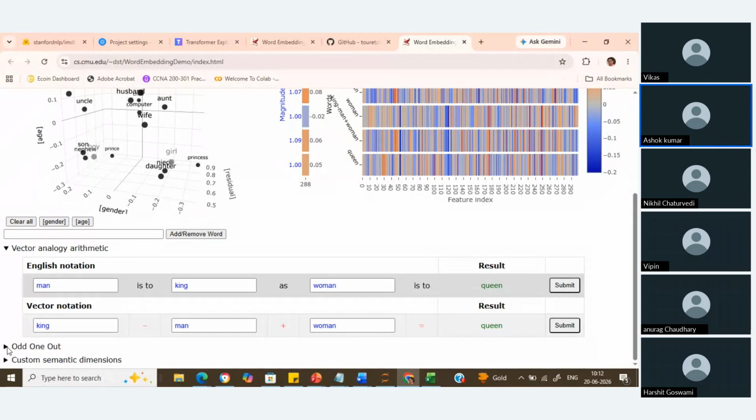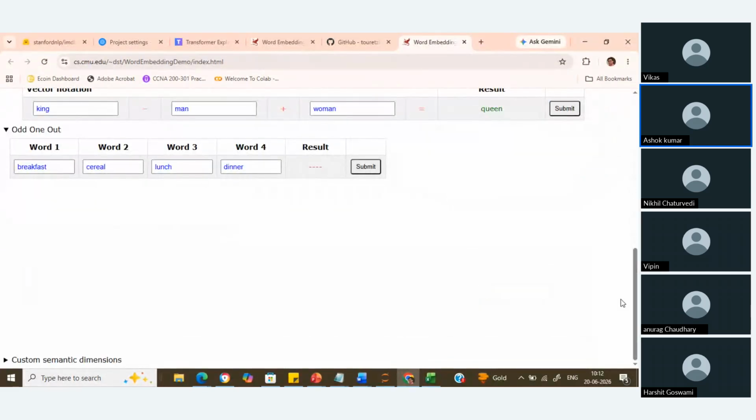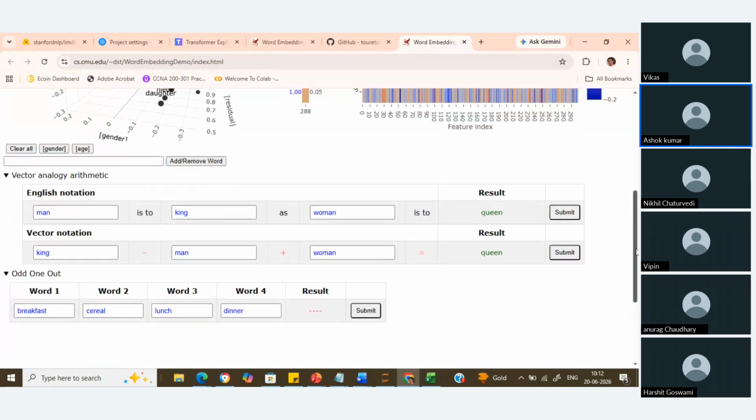It is showing queen, and how is the queen coming? King minus man plus woman equals queen. So it is going to calculate it.